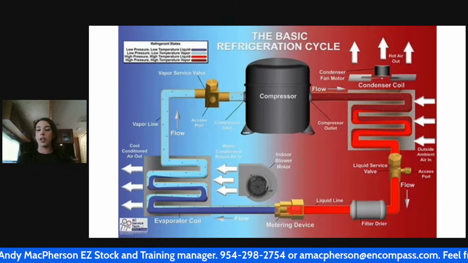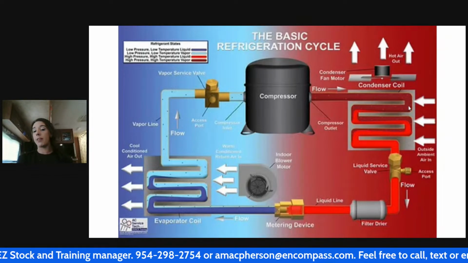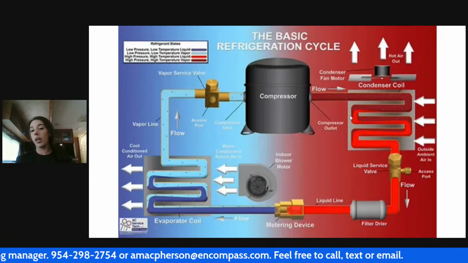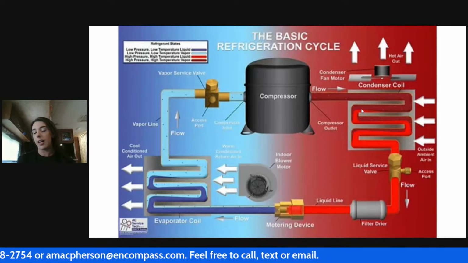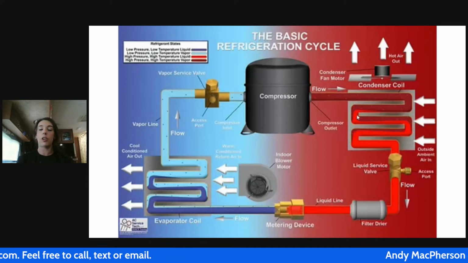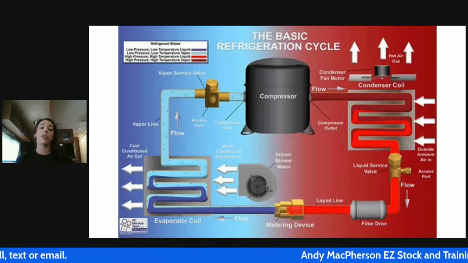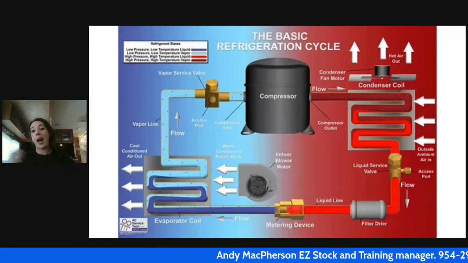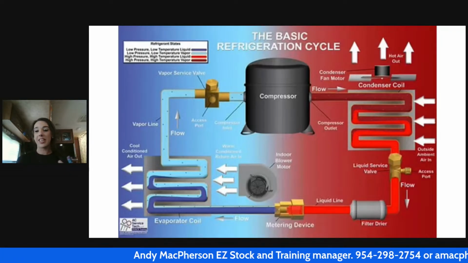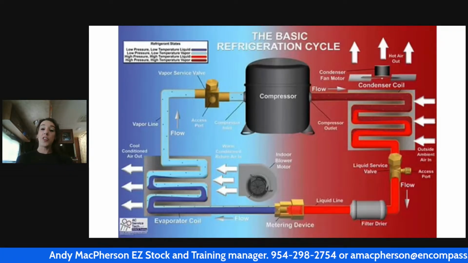But just so that you know what I'm talking about here, we have a vapor coming into the condenser coil. The condenser coil provides surface area. That's really all it does. It doesn't have any mechanical moving parts. The condenser coil itself is just surface area. So you'll see on a condenser coil all those fins that love to grab all that dirt and nasty leaves and all those things. We have to clean them constantly. Those fins are so important.